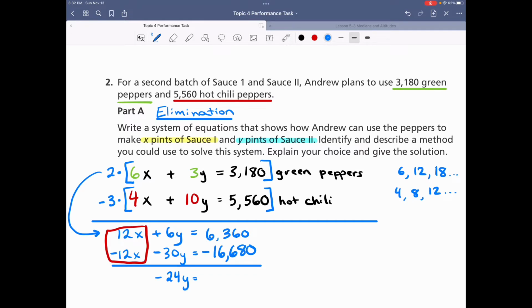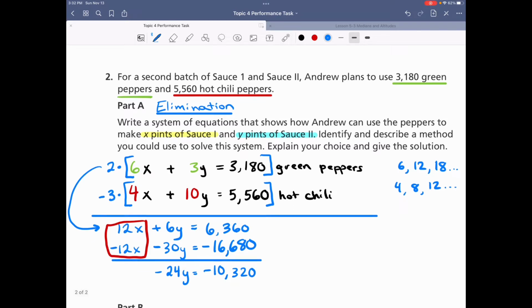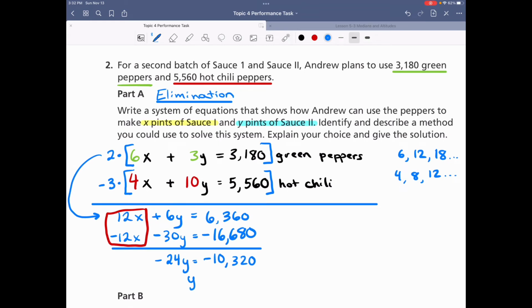I'm going to subtract. And I get -10,320. Then we're going to divide that by 24 on both sides. So that gives us y equals -430.